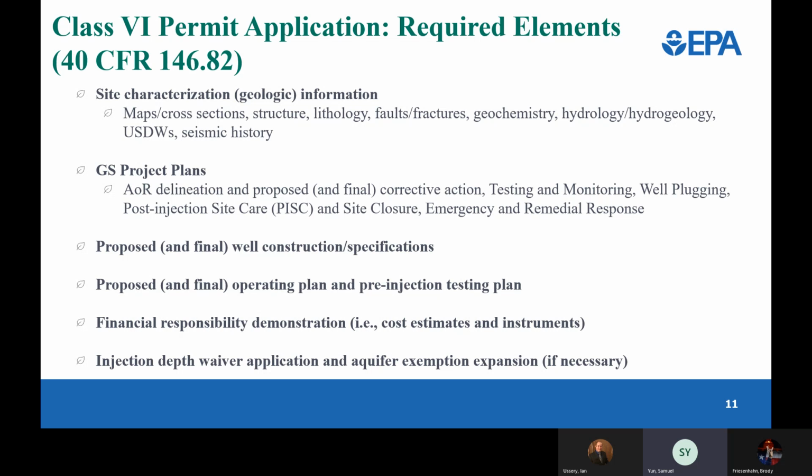Included in those plans are the proposed and final well construction specifications, proposed and final operating plan and pre-injection testing plan, financial responsibility demonstration, and injection depth waiver application and aquifer exemption expansion if necessary. Some of the elements in the GS project plans are subject to alternatives per UIC director's discretion.